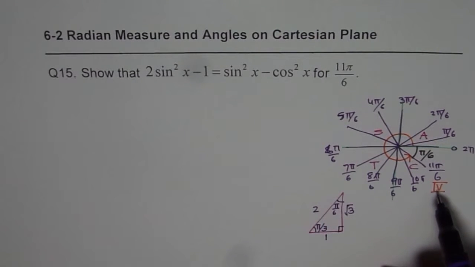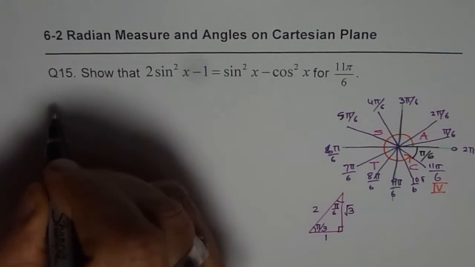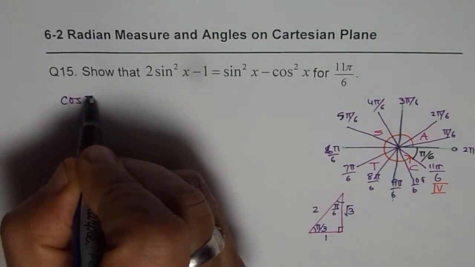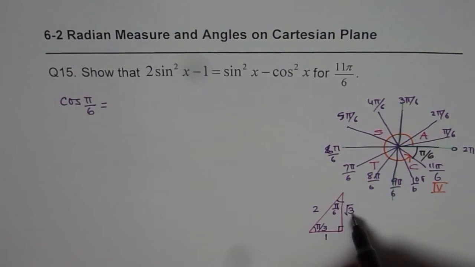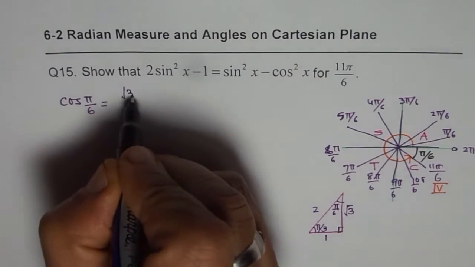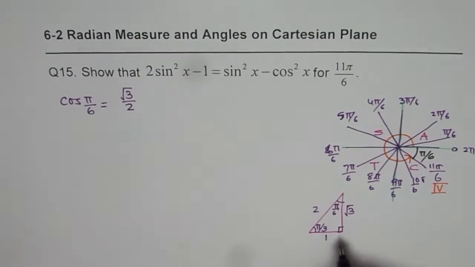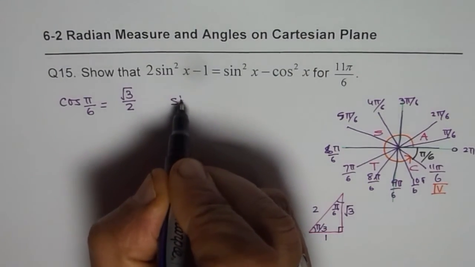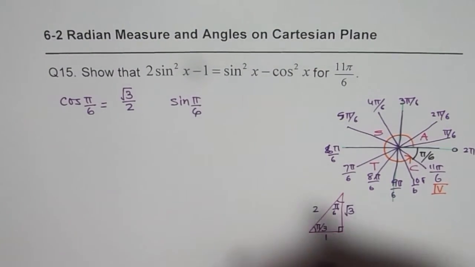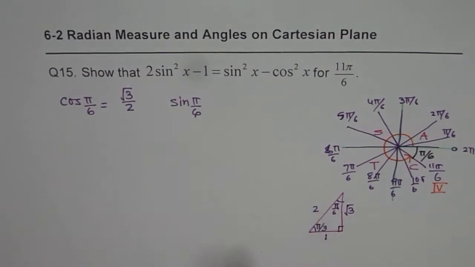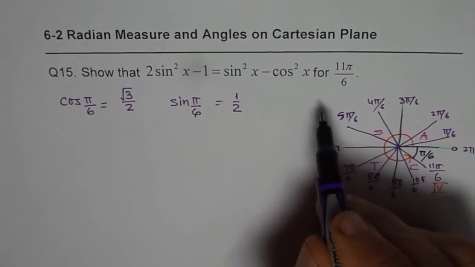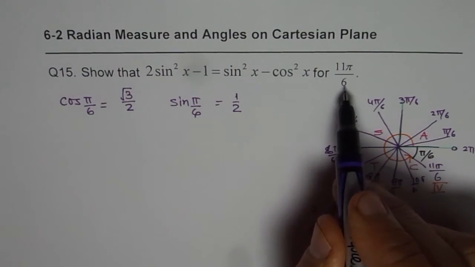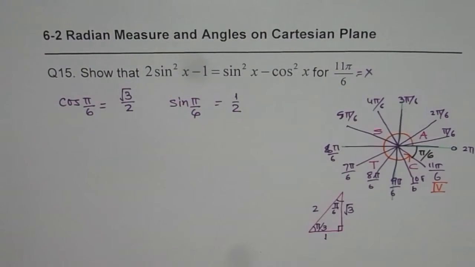Since we are in quadrant 4, cos of pi by 6 will be equal to, adjacent side is square root 3, hypotenuse is 2, square root 3 over 2. And sine of pi by 6 will be, opposite side is 1, hypotenuse is 2, 1 over 2, right? That is what we know about x equals 11 pi by 6.